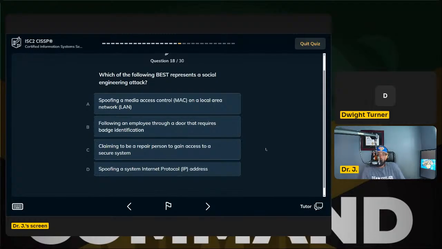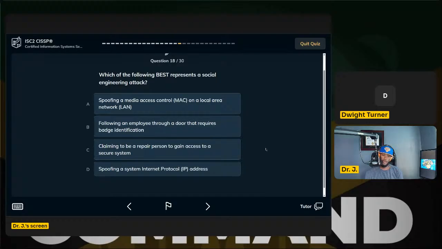All right, which of the following best represents a social engineering attack? Well, Bravo is tailgating. It looks like that's going to be Charlie.